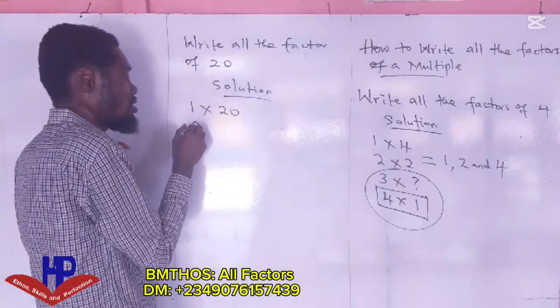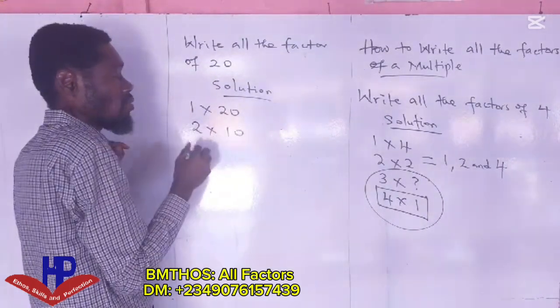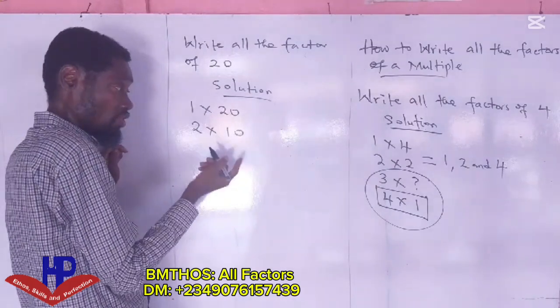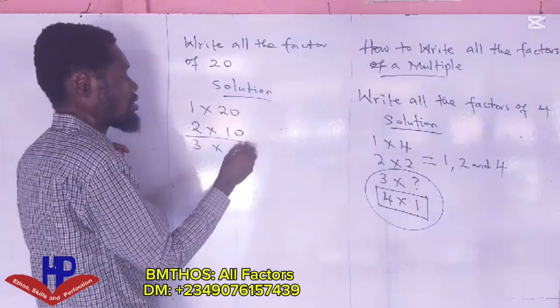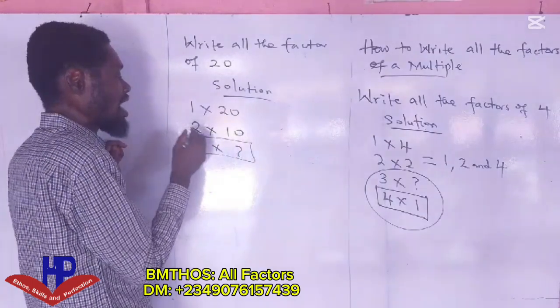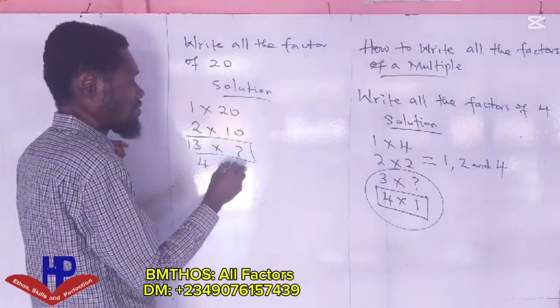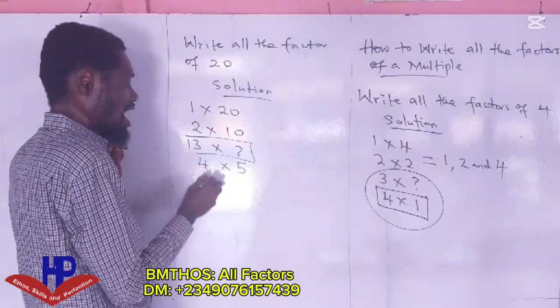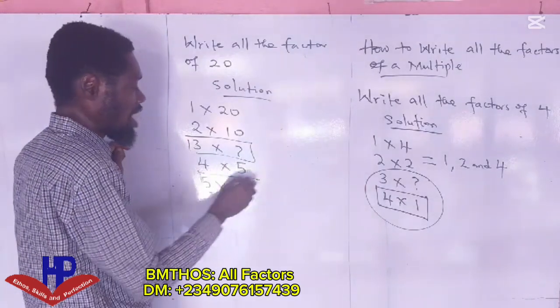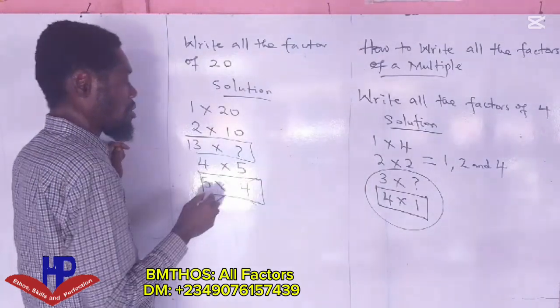After 1 we have 2 times 10 will give us 20. There is no 3 times a number to give us 20, so this is out. Then after 3 we have 4 times 5, which will give us 20. And after 4 we have 5 times 4. We've already gotten 4 and 5, so this is out.